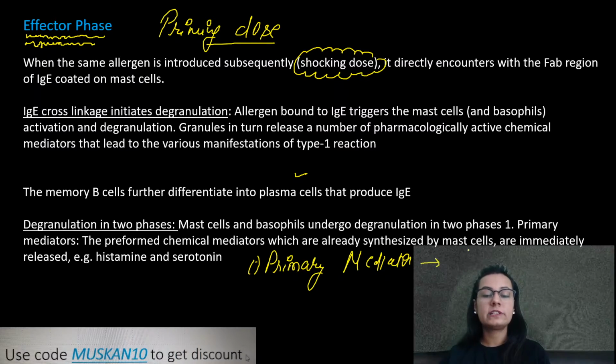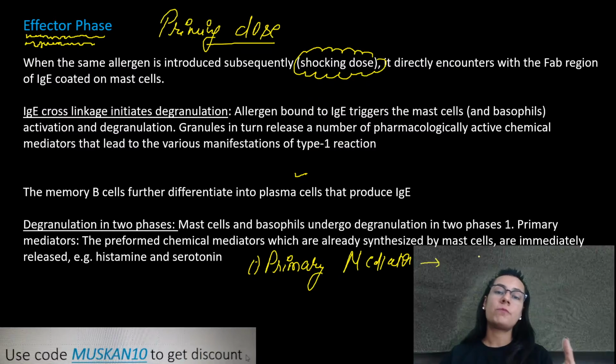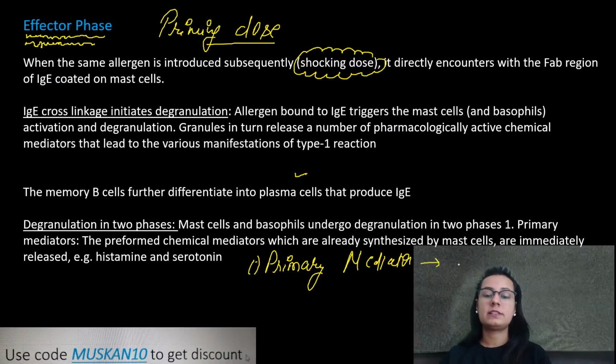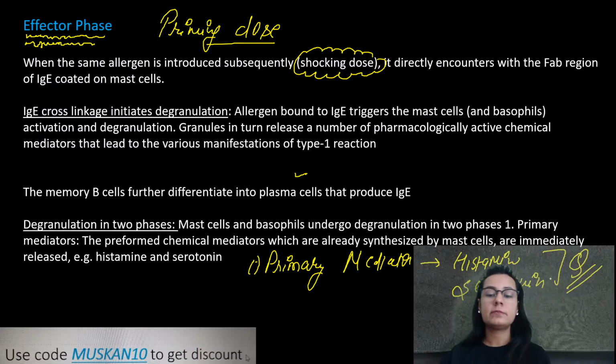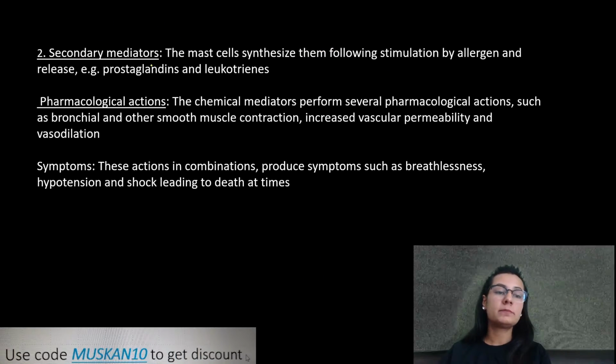You must have read this in patho, because it is also important to know what the granules are that are preformed. These are histamine and serotonin. They are preformed granules that are present in the mast cells.